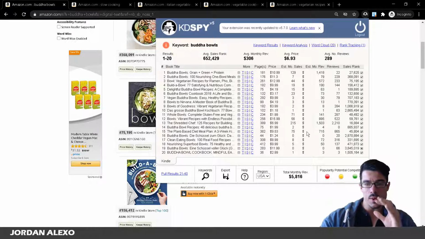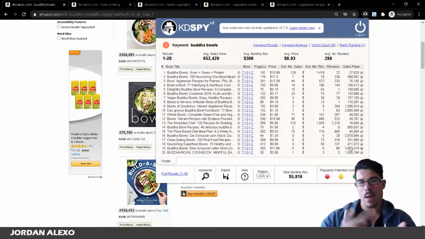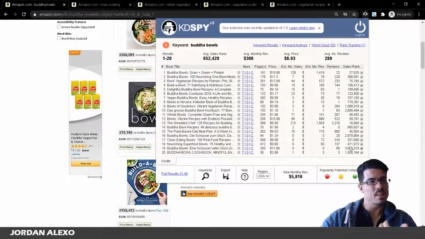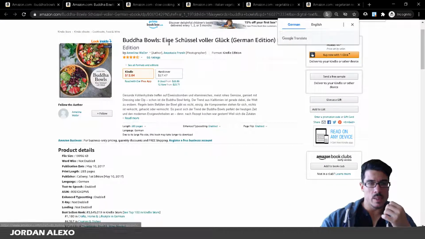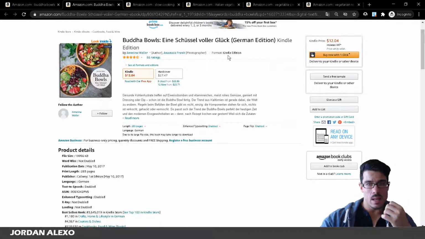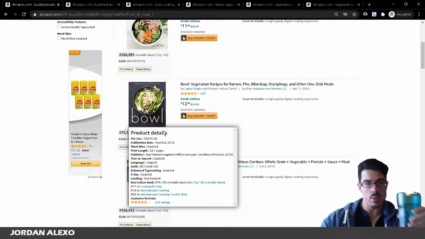The other thing you want to remove is books that may have a bad cover, may be overpriced, or have really bad content, and usually have an awful sales rank. For example, this one over here, I actually remove. Although it's related, you can see that there's something not good about it, because this is in German.